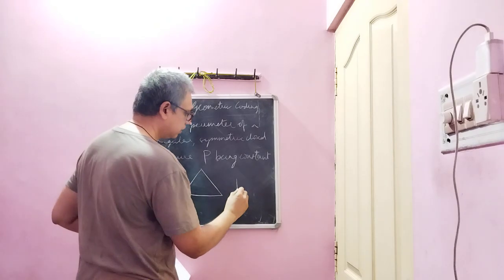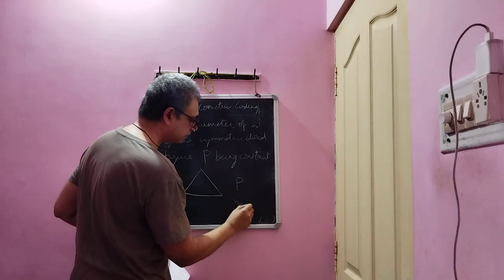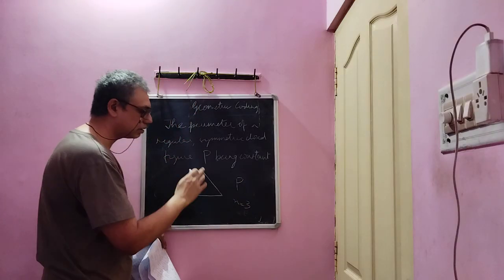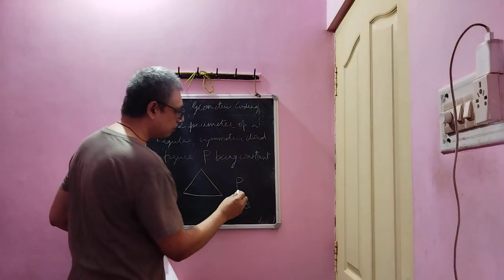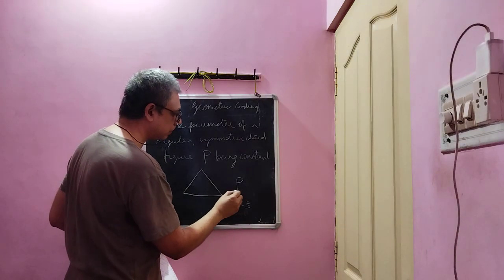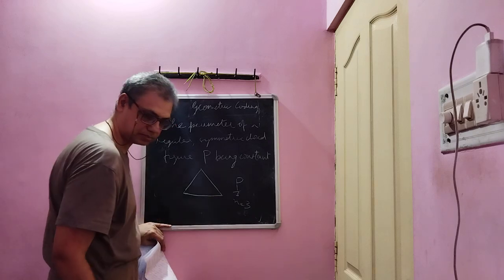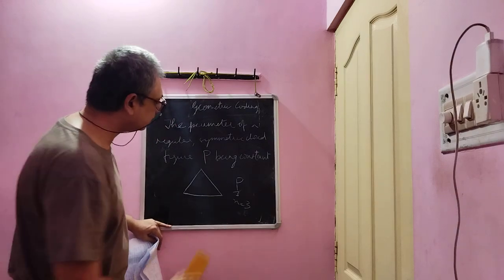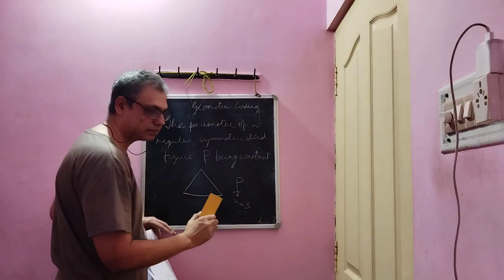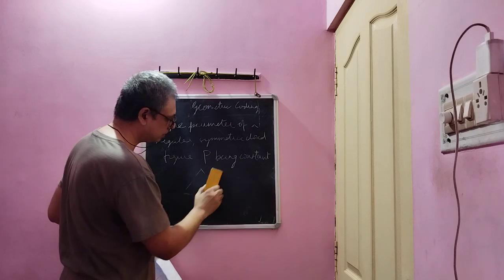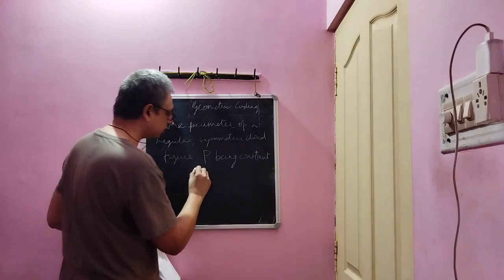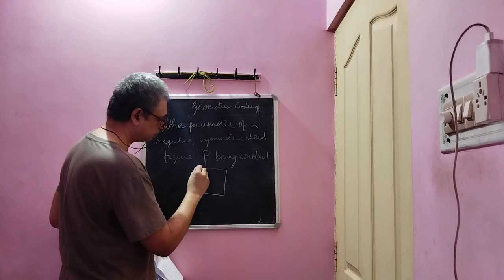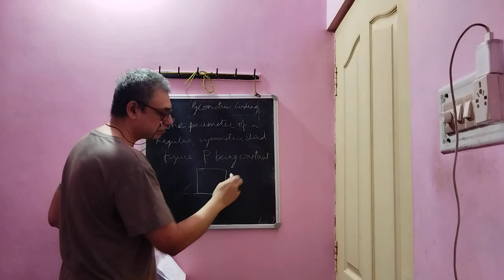If P is the perimeter and the number of sides n is 3, it is basically an equilateral triangle of equal sides, so the length of each side will be P by 3. As the number of sides increases, P being the same, the area enclosed by a square of the same perimeter will be more than that of the triangle.